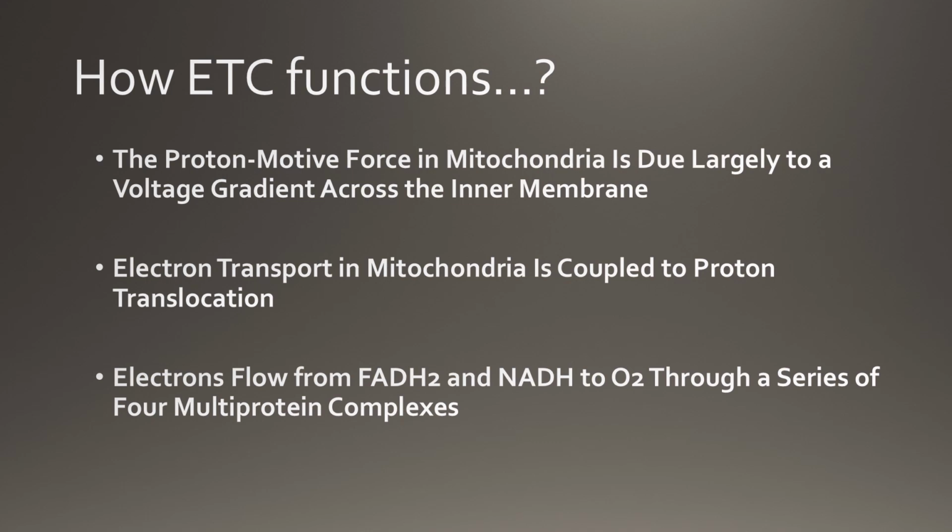These electrons ultimately reduce one oxygen atom, half of an oxygen molecule, forming one molecule of water. As electrons move from NADH to O2, their potential declines by 1.14 volts, which corresponds to 26.2 kilocalories per mole of electrons transferred, or in general 53 kilocalories per mole for a pair of electrons.